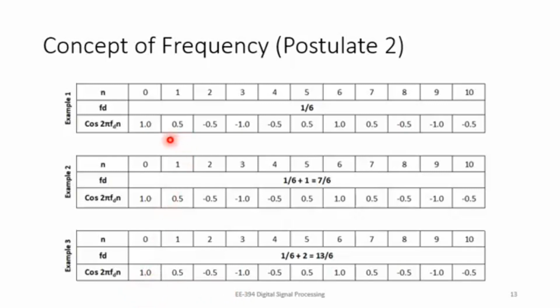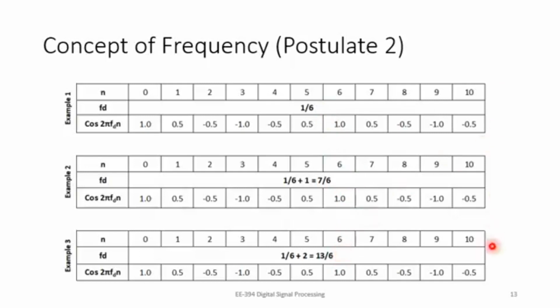So in case you are provided with values of 1, 0.5, minus 0.5, minus 1, minus 0.5, 0.5, 1, and so on, and you are asked what the frequency of the signal is, the entire cohort cannot come back to me and say this is 1 over 6, because the same values can come back from 7 over 6, and the same values can come back from 13 over 6, and so on and so forth.